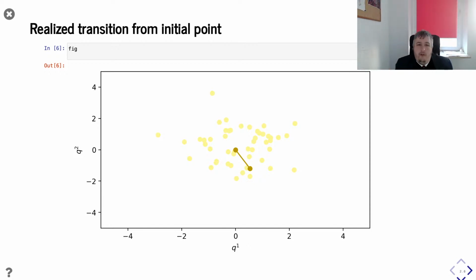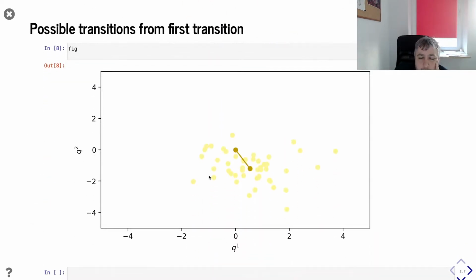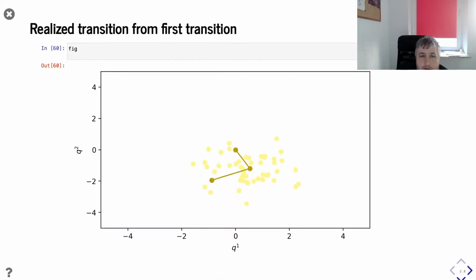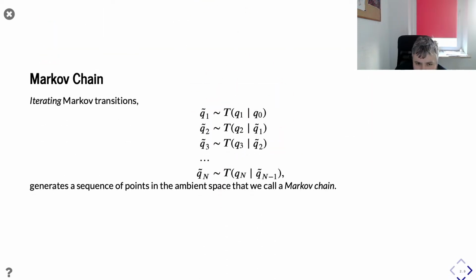So of all the possible transitions, we just move from point (0, 0) to this new point. And again, when we move to a new point, we have new possible transitions governed by the normal distribution, and of course the next transition occurs, and so on.